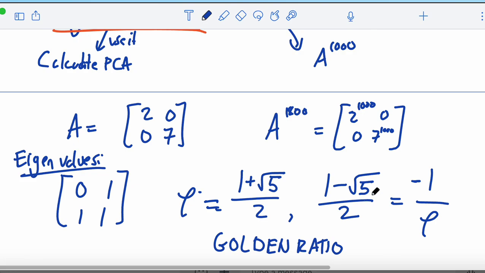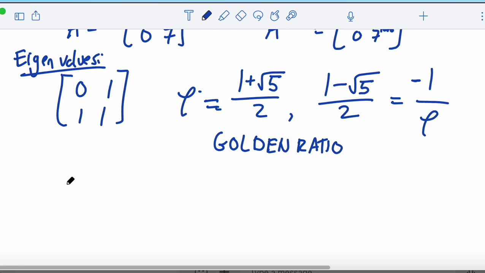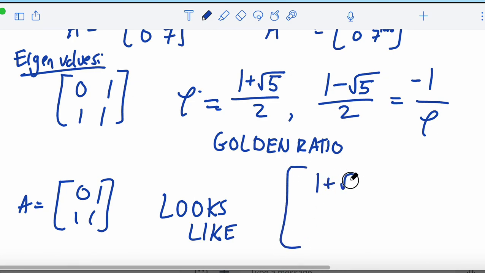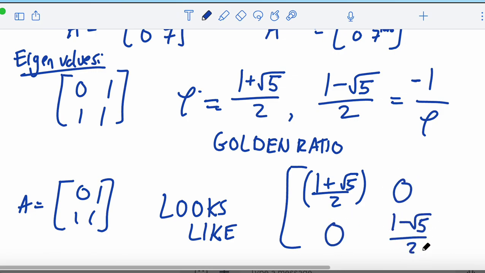Okay, so what does this mean? This means that the matrix 0, 1, 1, 1, the matrix A that we care about, if you look at it just right, and you've computed the eigenvalues, looks like the diagonal matrix 1 plus square root of 5 divided by 2, 0, 0, 1 minus square root of 5 divided by 2.